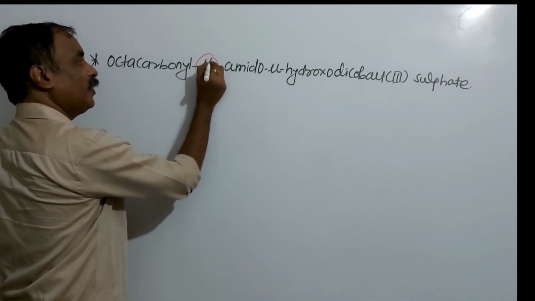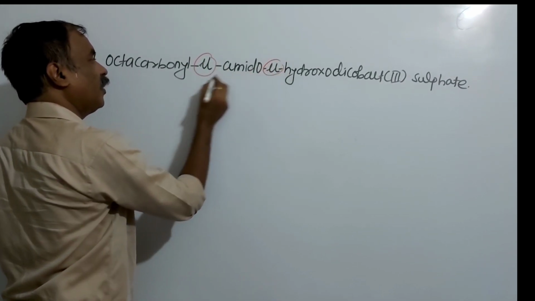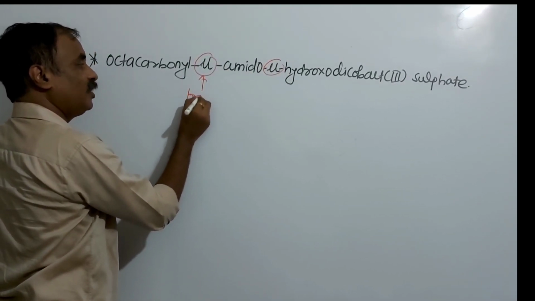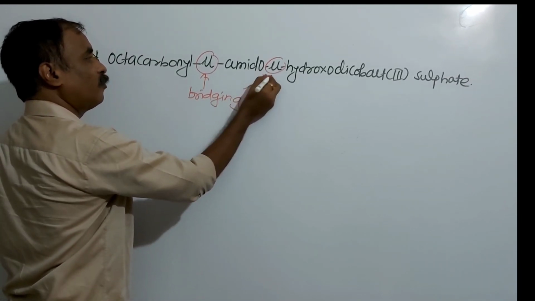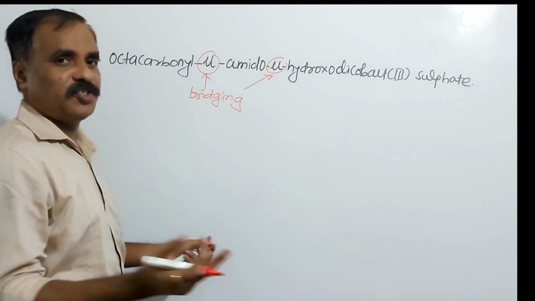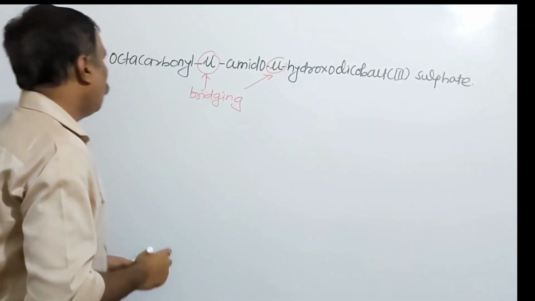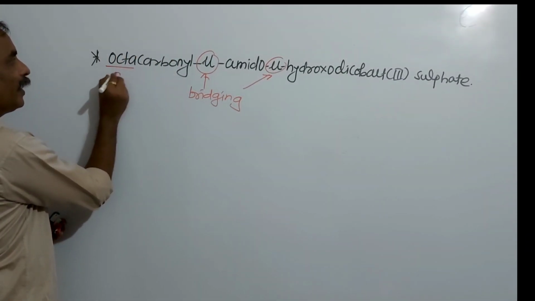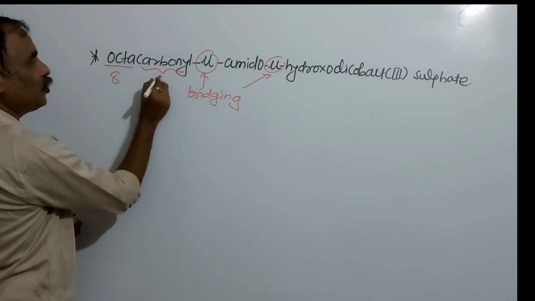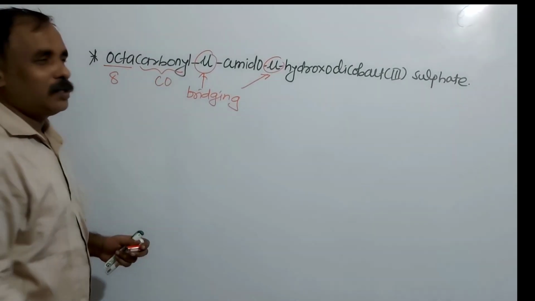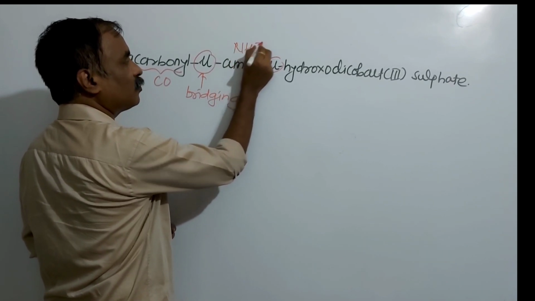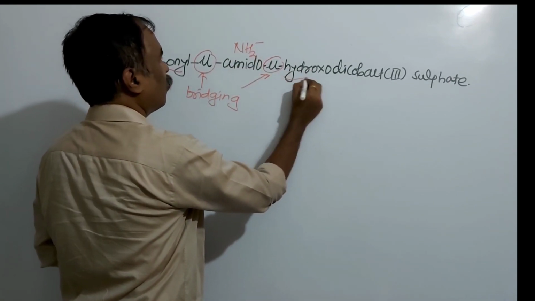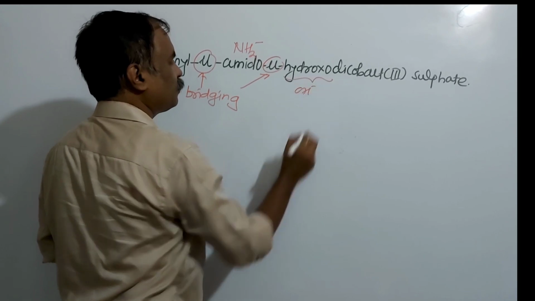What does this show us? Amido is a bridging ligand, hydroxo is also a bridging ligand. Both are bridging ligands. Mu is the symbol of bridging ligands. Octacarbonyl, octa means 8, carbonyl means CO. Amido means NH2 minus, hydroxo means OH minus.